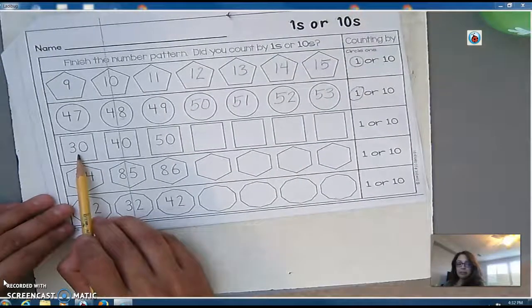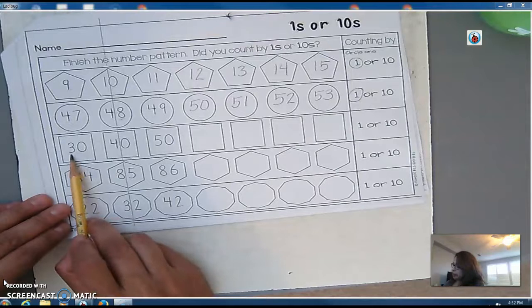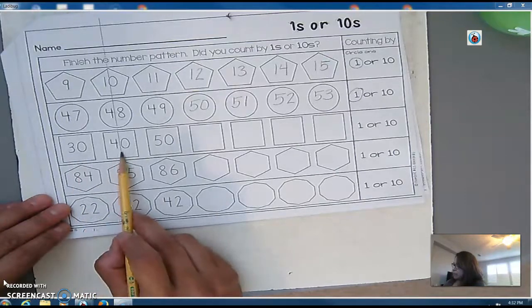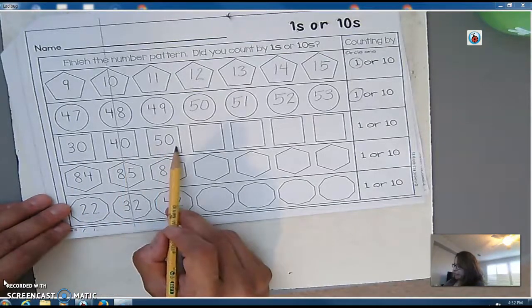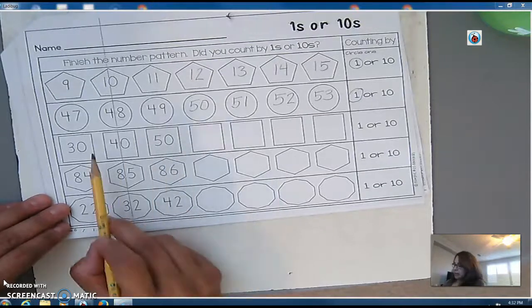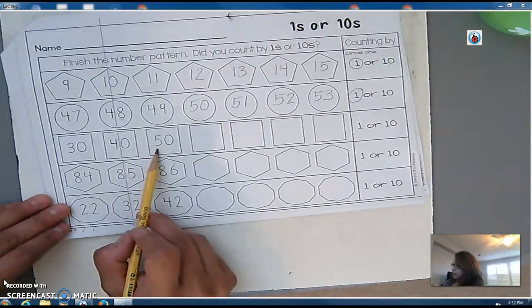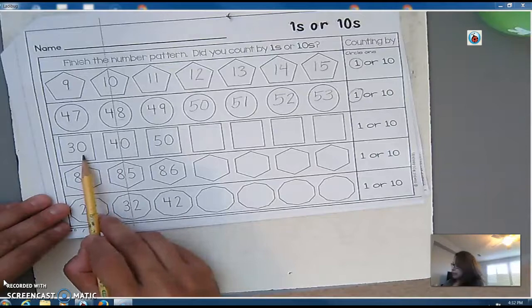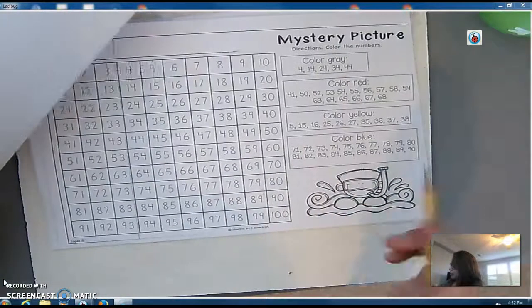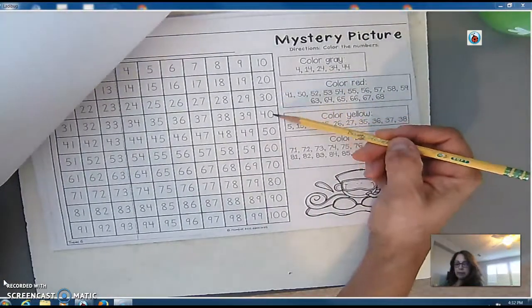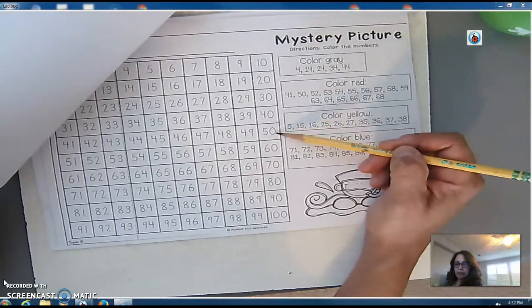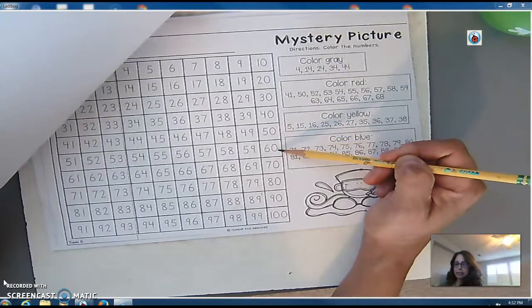All right, now let's look at this one. Say the numbers. 30, 40, 50. This is not counting by ones. This is counting by tens. Let's look it up on the chart. Here's 30. Here's 40. 50. What's next? 60.